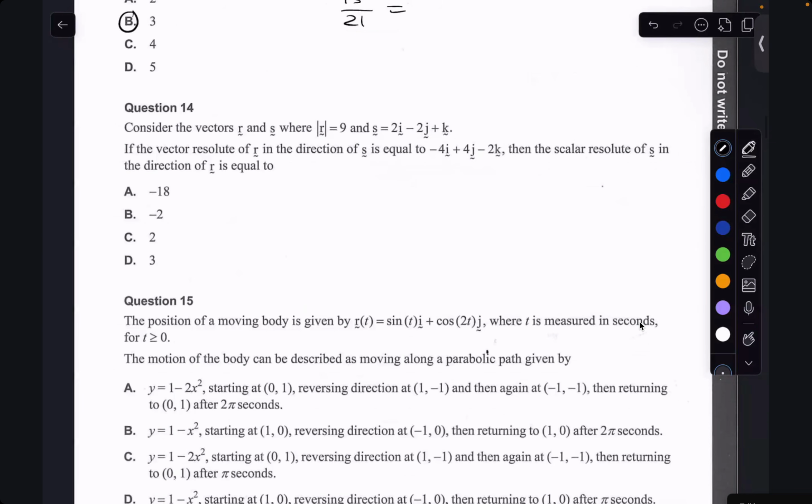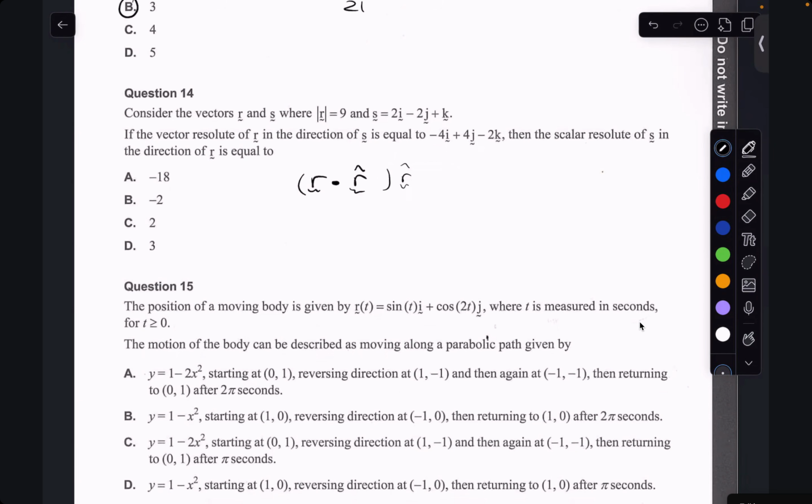Consider the vectors where s is equal to that. If the vector resolute of r in the direction of s is equal to negative 4i plus whatever, then the scalar resolute. So the vector resolute of r in the direction of s is r dot r hat. Now basically this is r dot r over the magnitude, and then r over the magnitude.